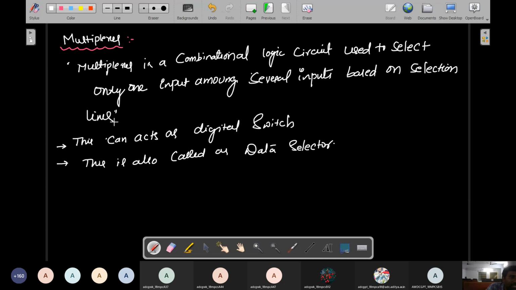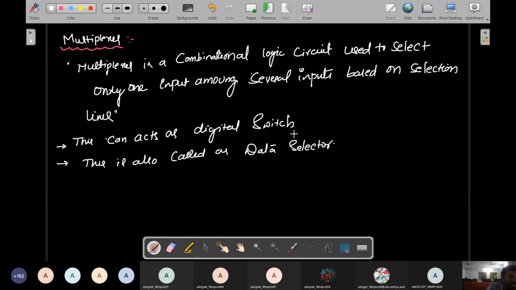It is based on the selection lines. There is a terminal called the selector lines or data selector lines. Using the data selector lines, the output collects any one of the input information. So that is the multiplexer meaning.